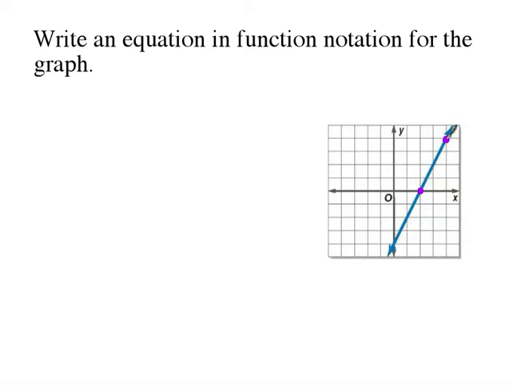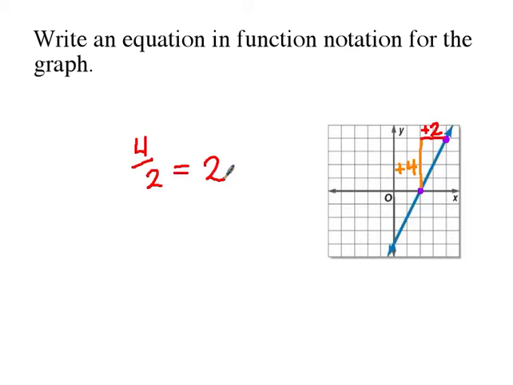Otherwise, I could use the point down below as well. Let's figure out the rise. What's the rise going to be here? 4. What's the run going to be? 2. So how do I find my slope? I take 4 divided by what? 2. And I get 2.